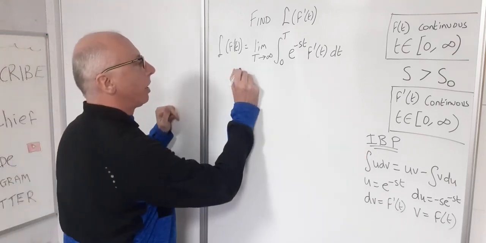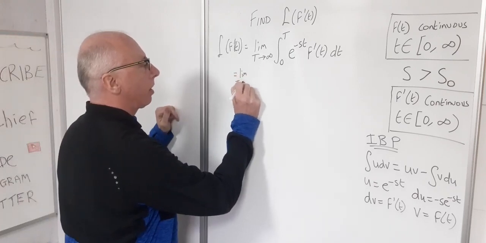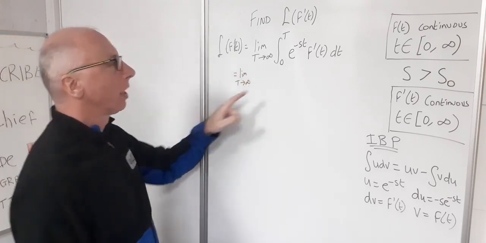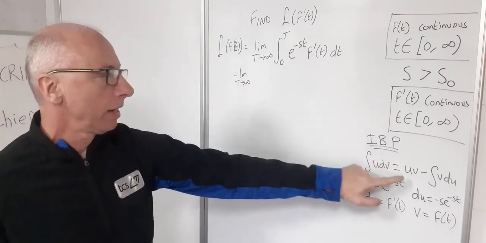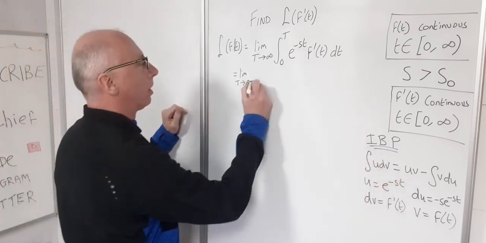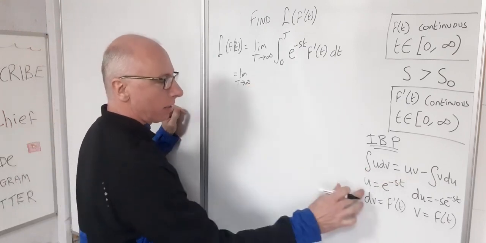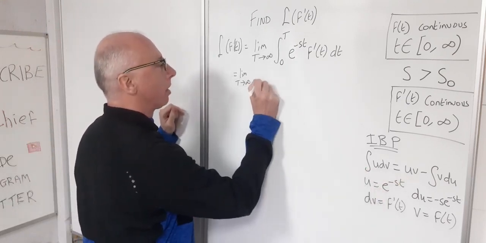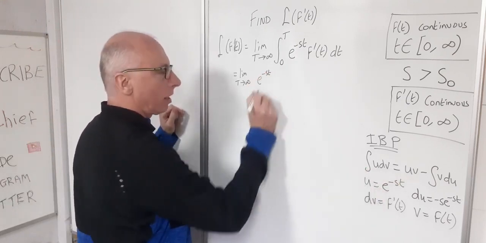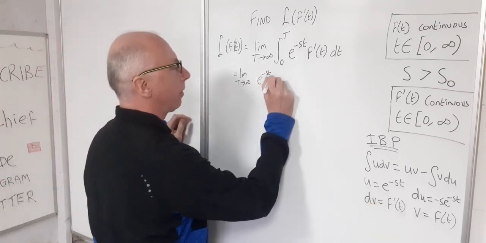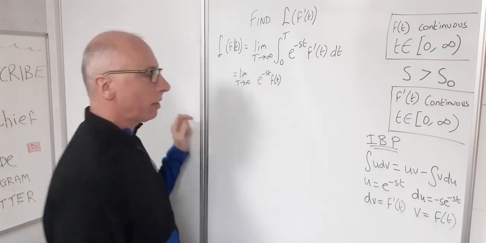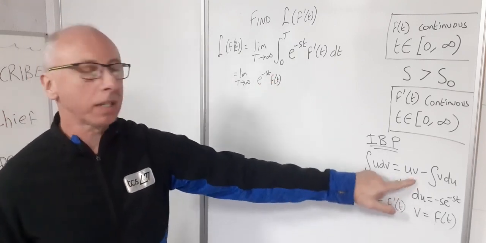So now I've got the limit as T approaches infinity. I've got u dv, which equals uv. So uv is e to the minus st, and v is f of t, my function at t. So that's my first part, that's uv, part of my answer.